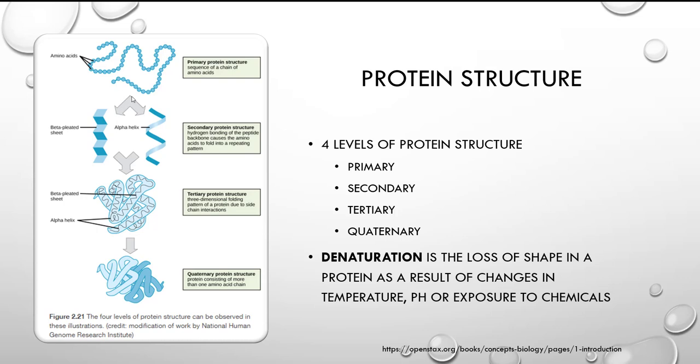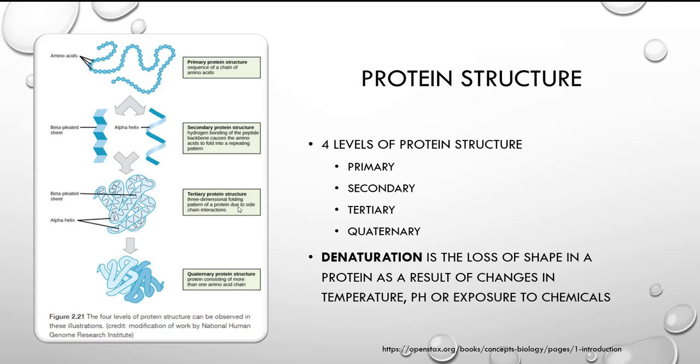And so they're going to start folding into each other. As they fold, they form these secondary structures, either an alpha helix or a beta pleated sheet.